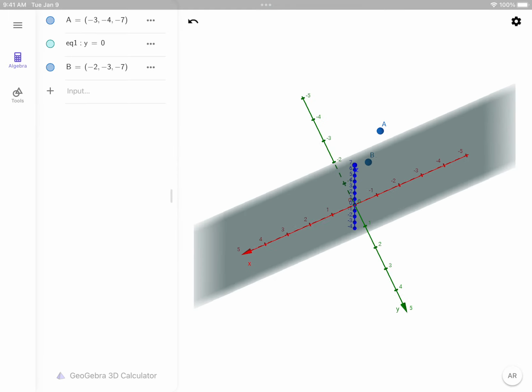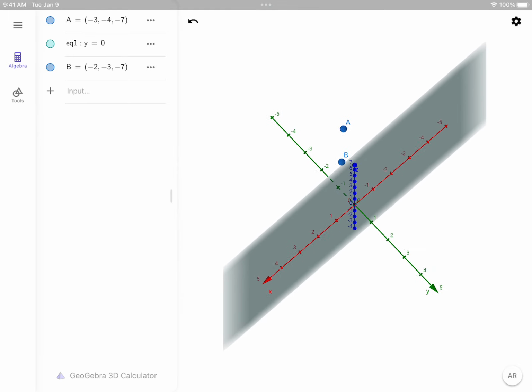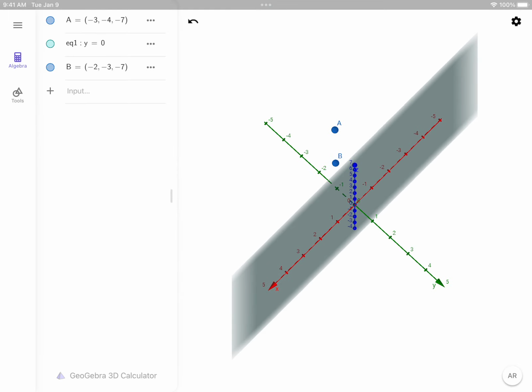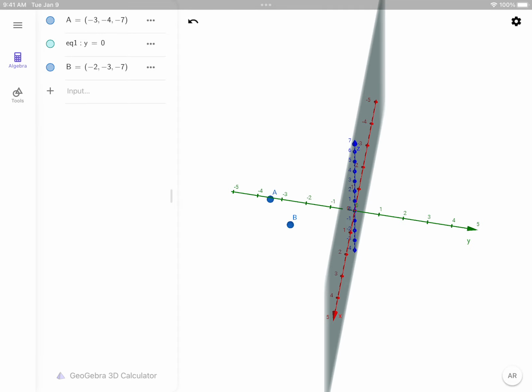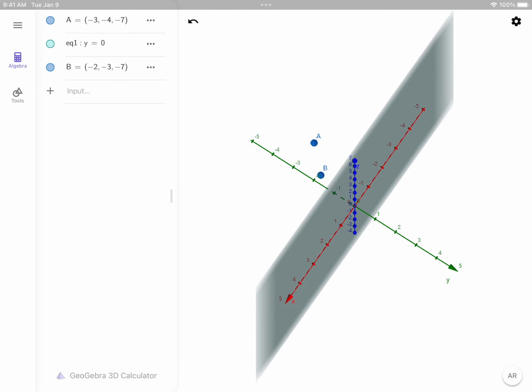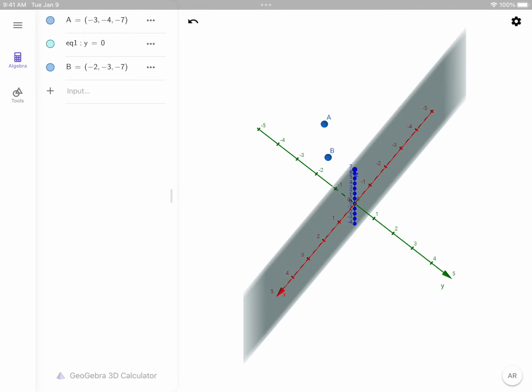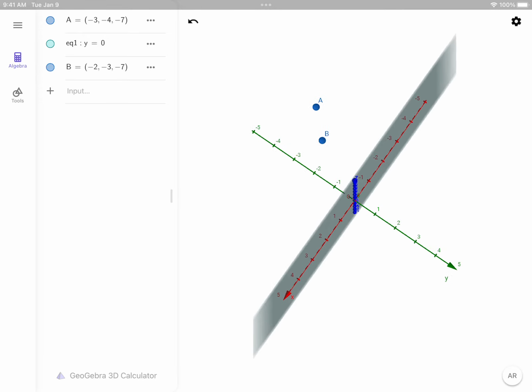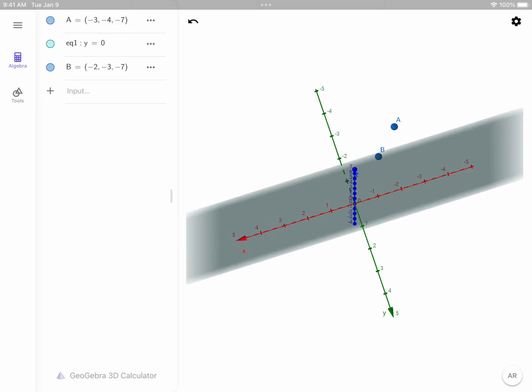So I have X coming out of the page, positive Y to the right, and it says, is it to the left or to the right of the XZ plane? So it's to the left of it, right? It's going to be to the left of it. So that is going to be our answer here. We can see that those points lie to the left of the XZ plane.